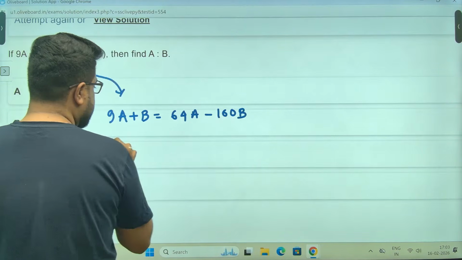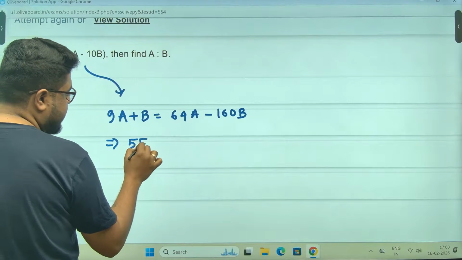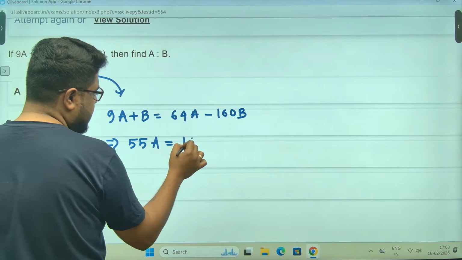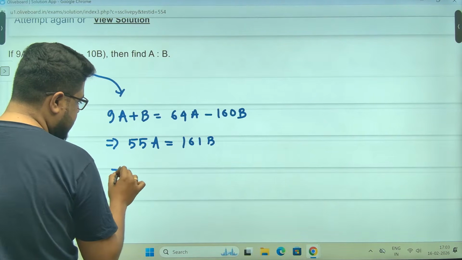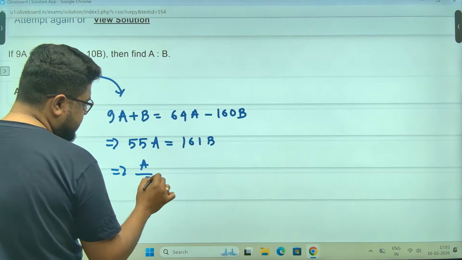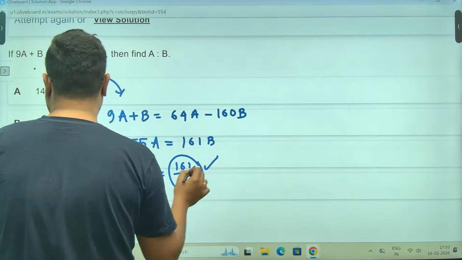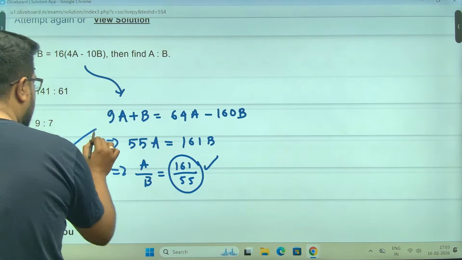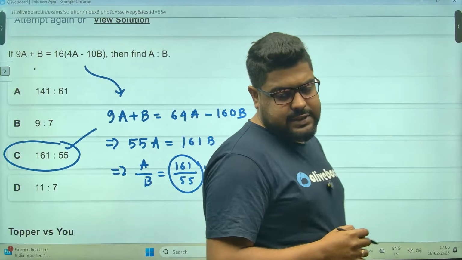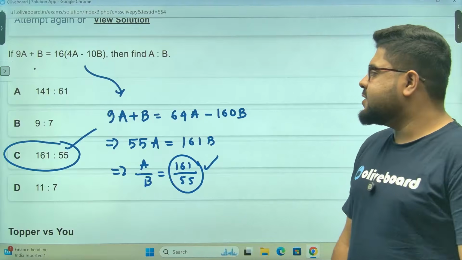So from here I can write 55a is equal to 161b. So a by b becomes 161 by 55. See the ratio, 161 by 55. Option C is your correct answer.